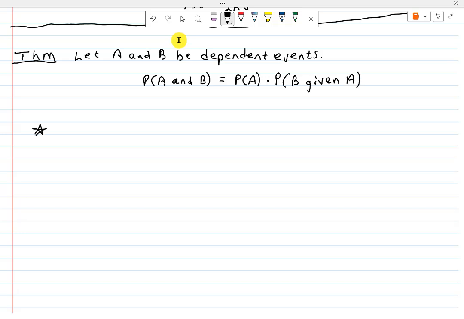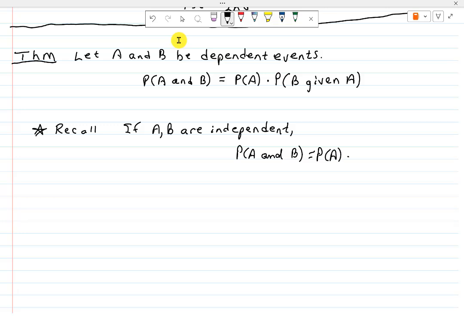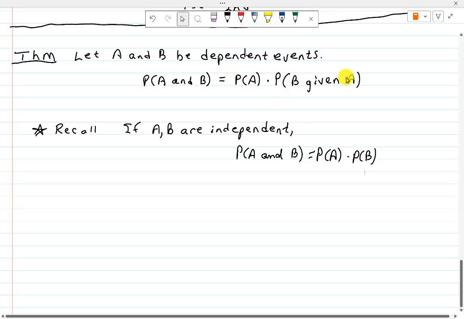Now recall, if A and B are independent, then what we had was the probability of A and B was equal to the probability of A times the probability of B. Now this B given A, if B is independent of A, then this probability is just going to be the probability of B. So you could technically use this one formula for everything, and when B and A are independent, this formula will just work out correctly.